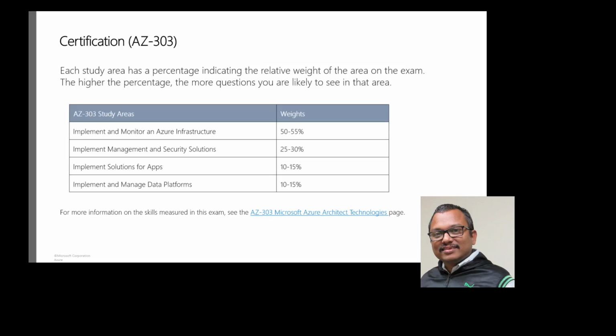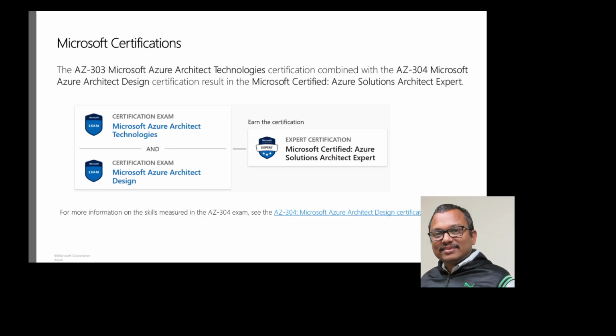And then last but not the least, I want to talk about the certificate versus the badge. Now you have seen that there is a badge called Microsoft Certified Azure Solution Architect Expert, and it's a 3-star badge. And by doing 2 exams, you get this badge. So one is AZ-303 that covers the Microsoft Azure technologies, and then the second certification in this series is AZ-304.